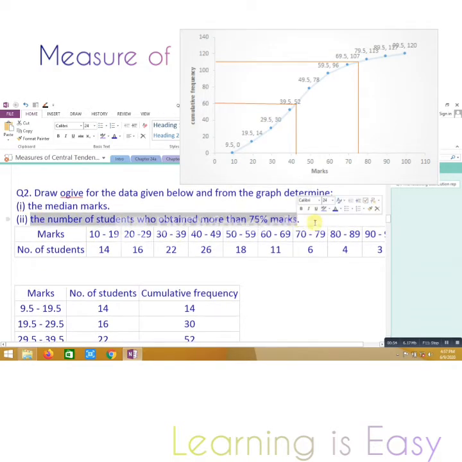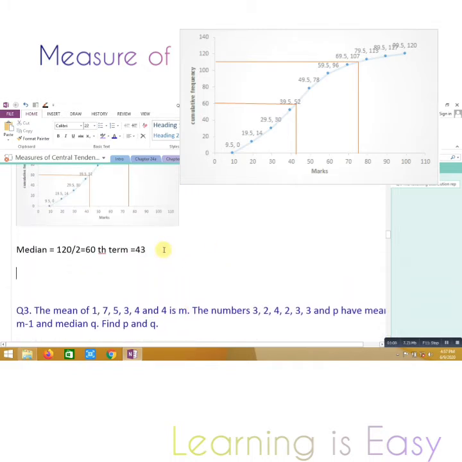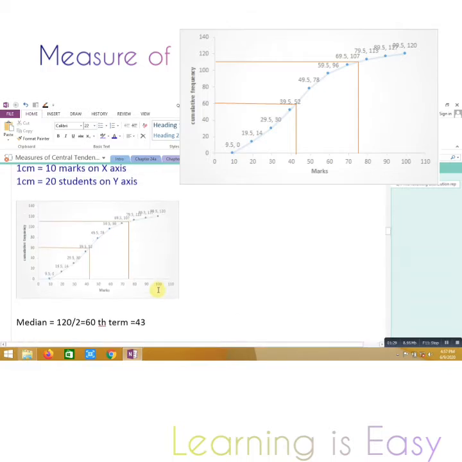Next, we need to find the number of students who obtain more than 75% of the marks. So draw a line from 75% mark on x-axis, and draw a perpendicular line which cuts at y-axis at a point. I'm also showing the enlarged view of the graph at top for your better understanding of the numbers.